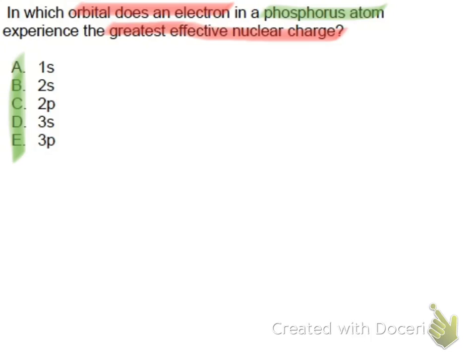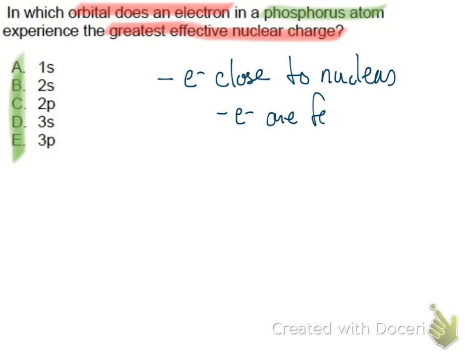And so if I were going to think about what might give rise to that, is the electron close to the nucleus? The farther away we are, the worse we're going to see the nucleus. I think that just makes sense. We know that electrons are farther away as our principal quantum number n increases.